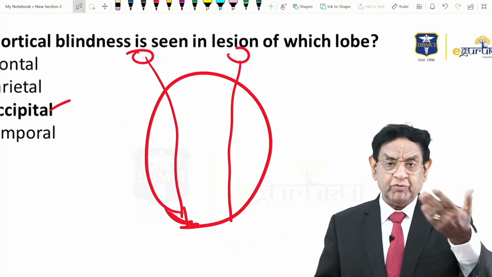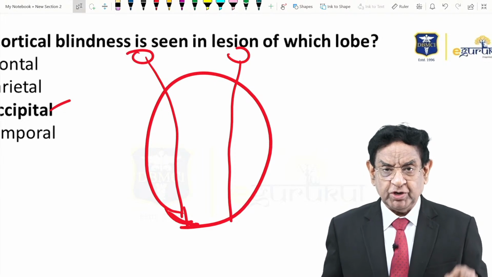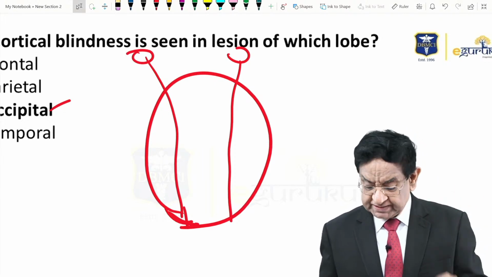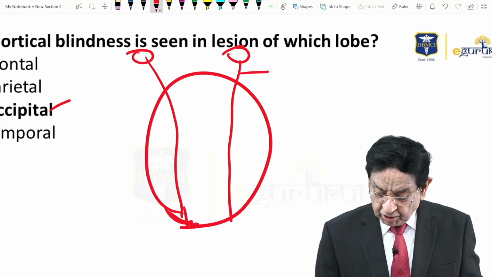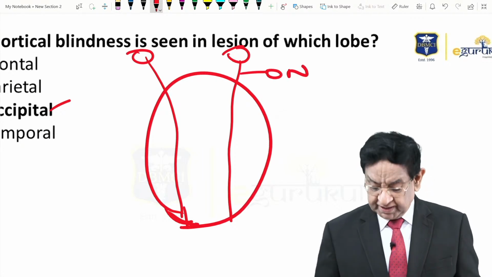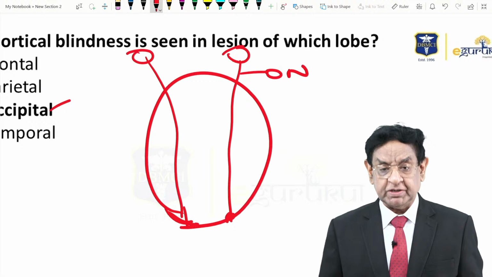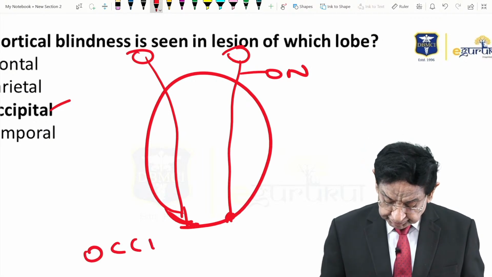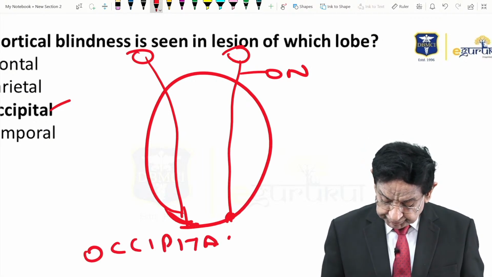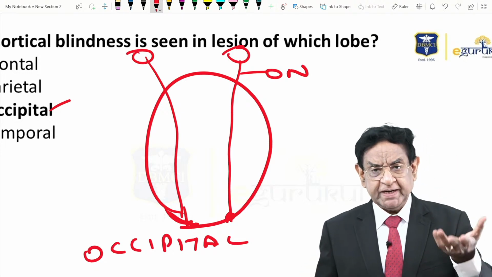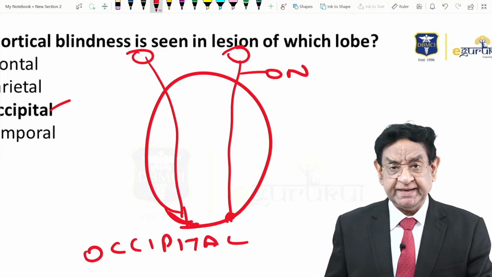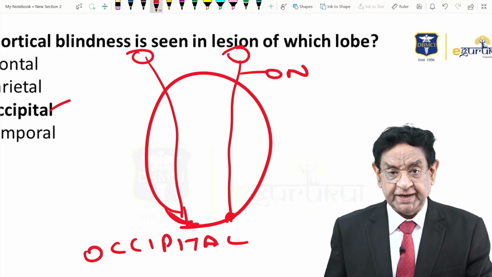Like you are watching me with your eyes, and it's the optic nerve, ON is optic nerve, which is taking impulse to the occipital lobe. So it's the occipital lobe where actually the film is getting made in your brain.